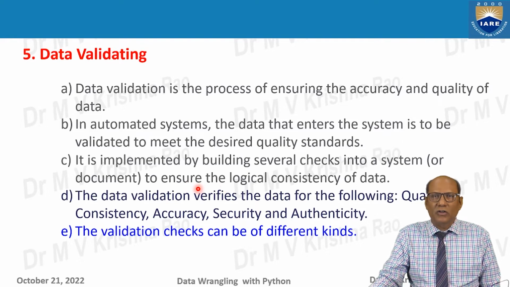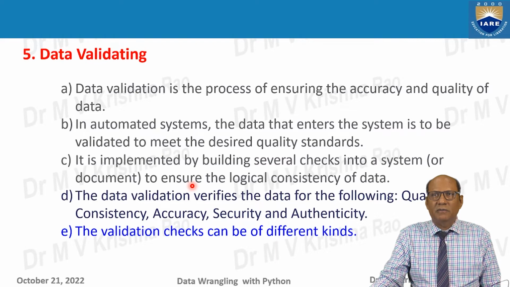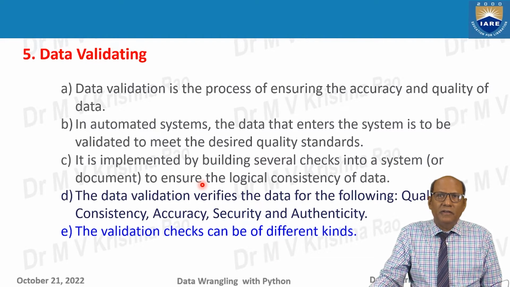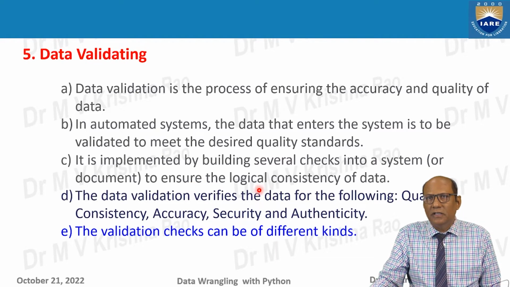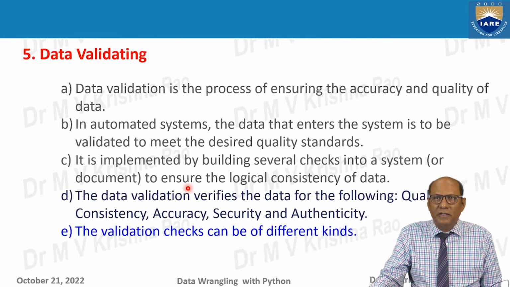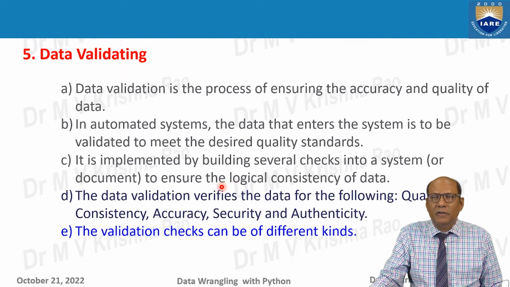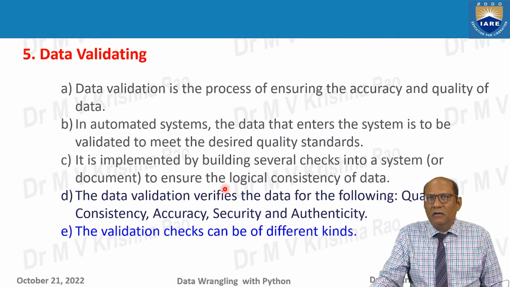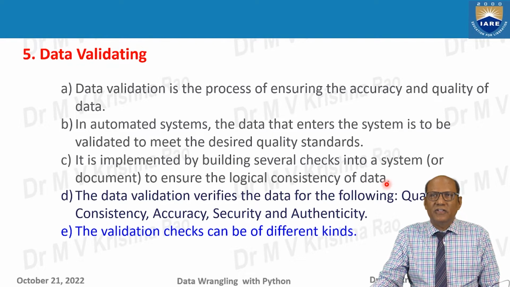Not only voltage and current; in a real-time experiment, it can happen even in the case of data also. At this point in this topic, I'm not going into details of how these errors happen. Now, to ensure the logical consistency of the data.